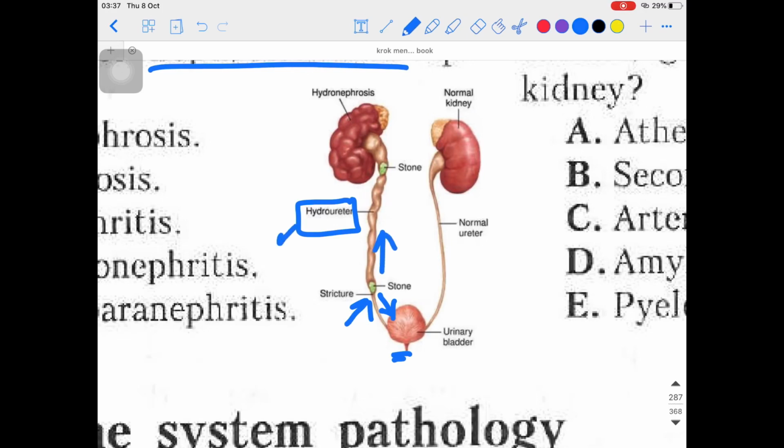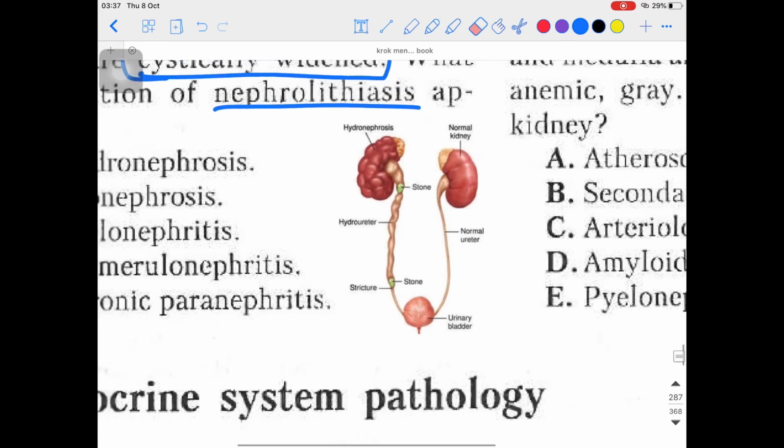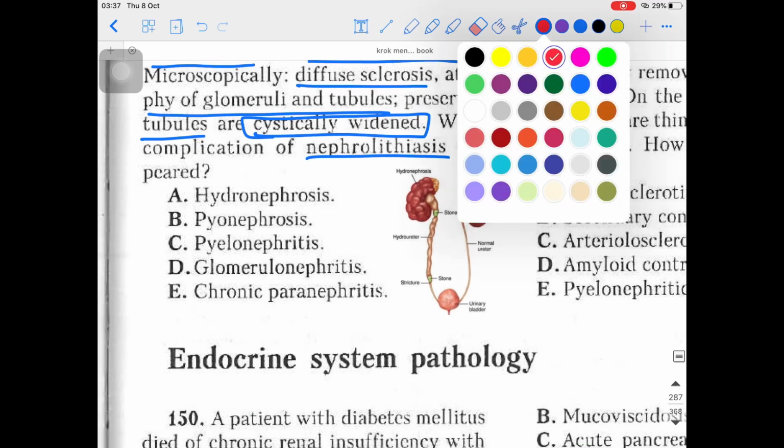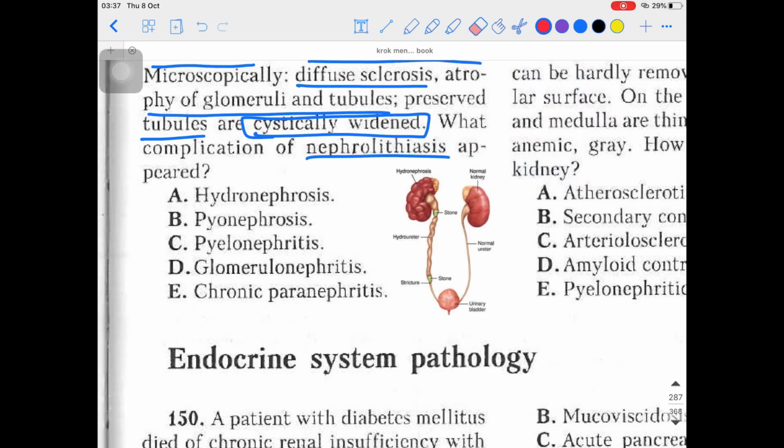That will cause hydroureter and hydronephrosis, and that will be enough to cause much damage to the kidney and the ureter. Sometimes there can be hematuria because of this stone obstruction. So the case is very clear that the answer over here will be hydronephrosis.